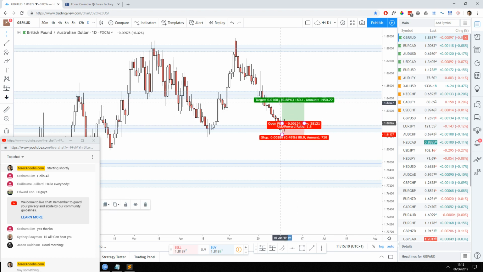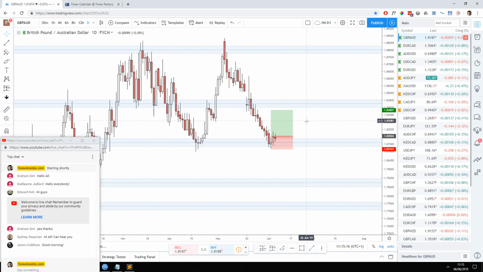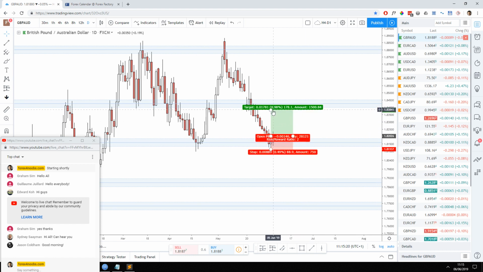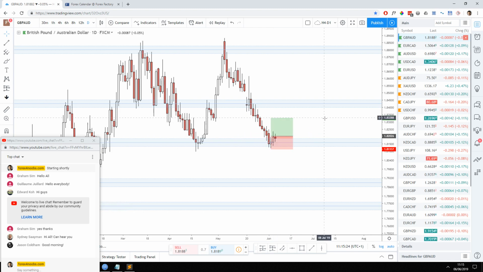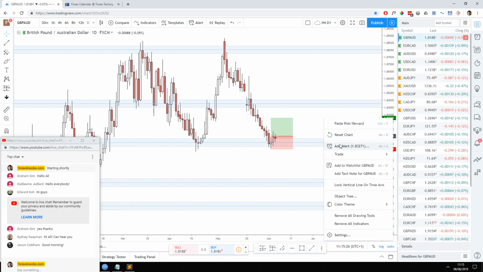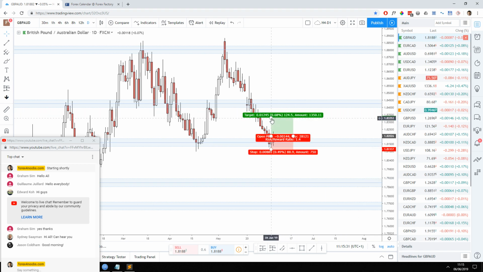What I have right now on my actual trading platform is my target at 2, and I have an alarm set at 1.4 R, which is roughly here. So I have an alarm set at 1.8327, roughly there.